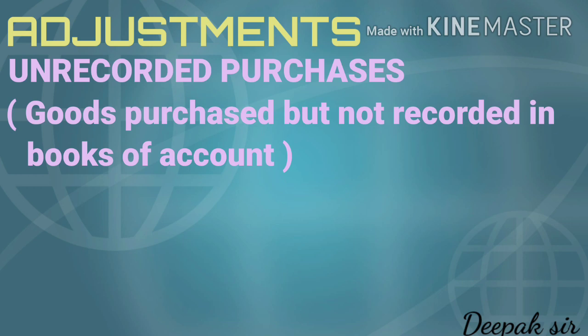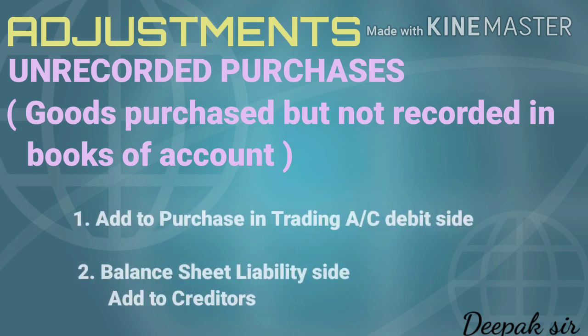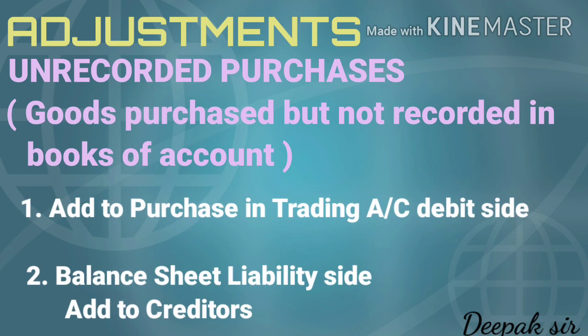So goods are purchased but not recorded in the books of account. Not recorded means it is unrecorded purchase. So now we have to record this purchase, and since we are recording this purchase, our purchase is going to increase. So the first effect will come, we have to add to purchase in trading account on the debit side.